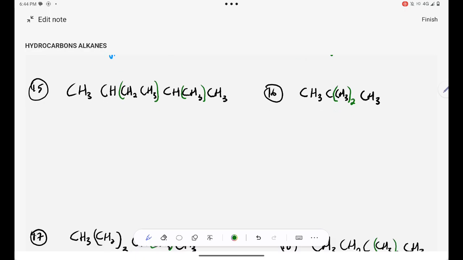And then for number 15, I simply have a CH3, a CH, as well as a CH2 and a CH3. Then I have a CH and a CH3, and then a CH3 at the end. All I have to do is write down the hydrogens.